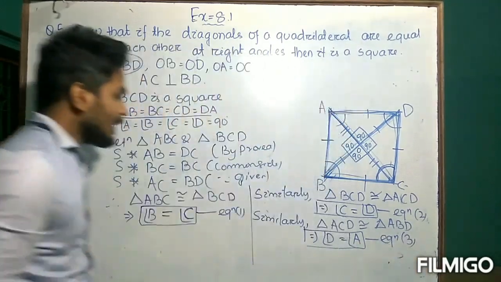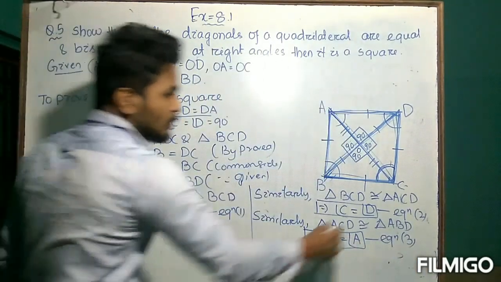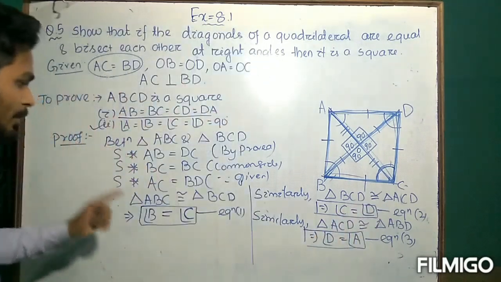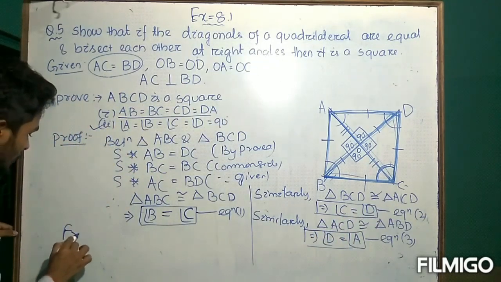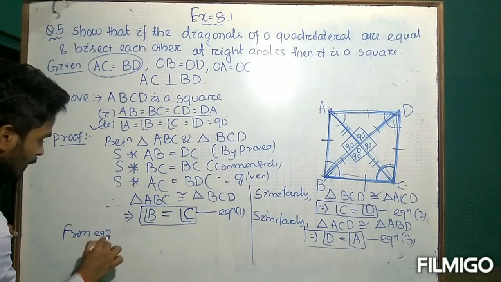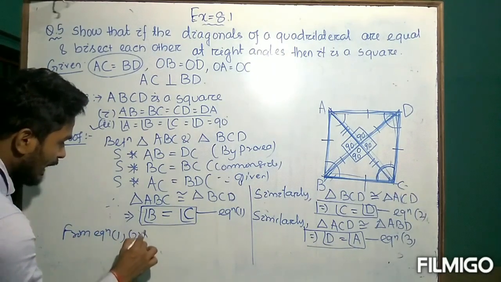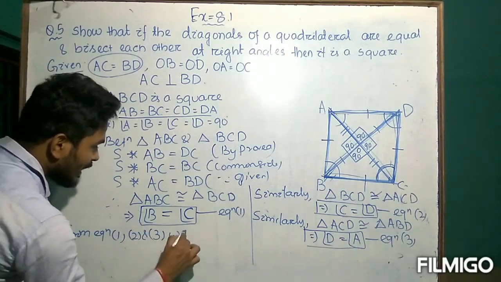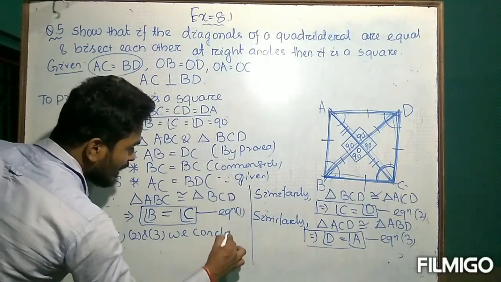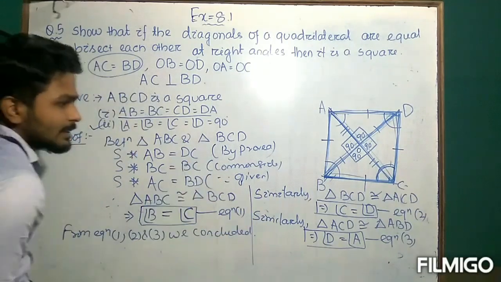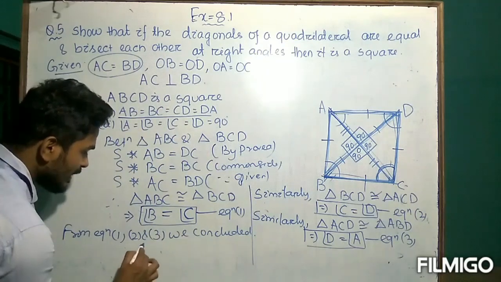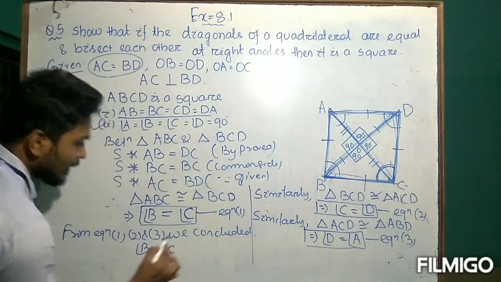So let's say this is our equation number 3. Now analyze equation 1, equation 2 and equation 3. What did we conclude? B angle is equal to C angle.